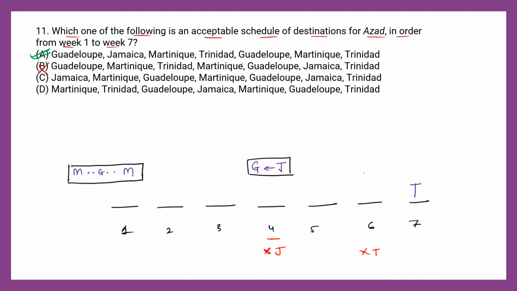Let's look at option C. It says J, M, G, M, G, J, and T. Okay, so do you have a G before a J? Yes, you do. Here. But what about here? If you look at the first one, you're supposed to have a G before the J. Whenever there is a J, there has to be a G before it, which means J cannot be in the first spot, right?